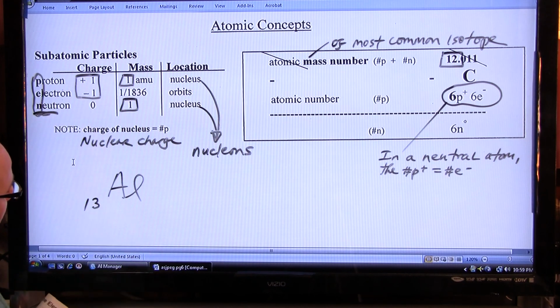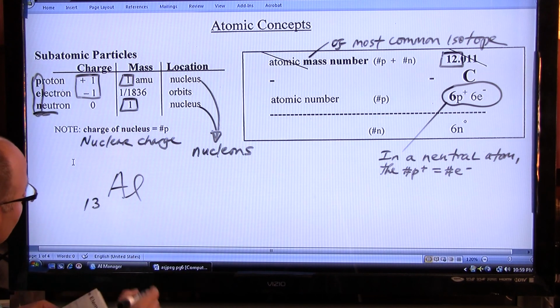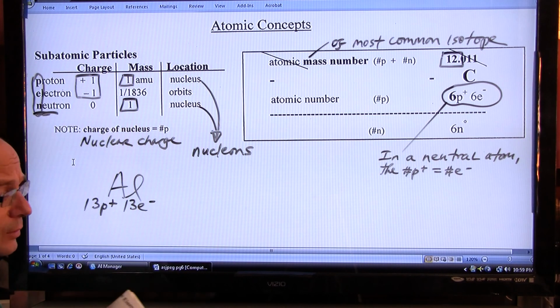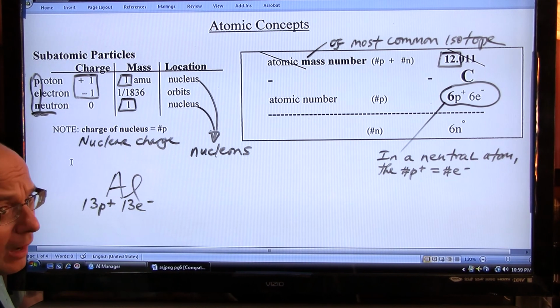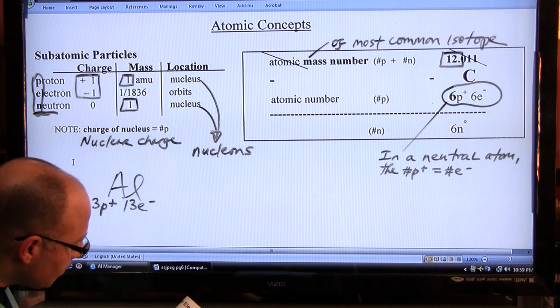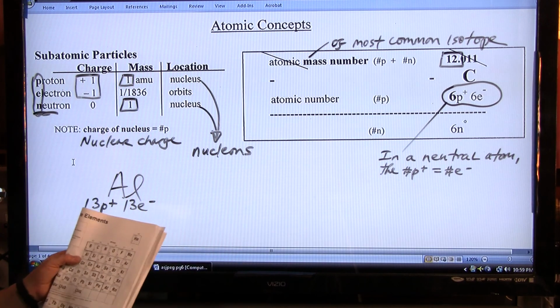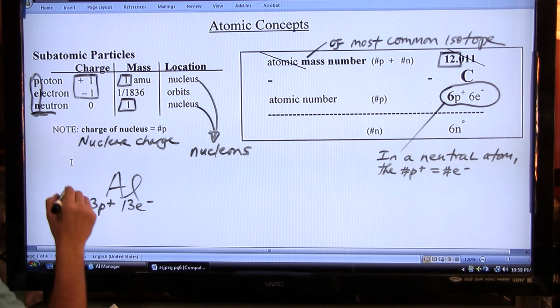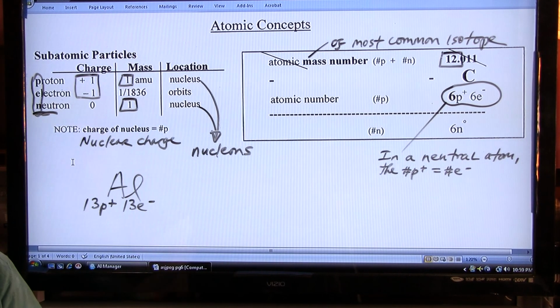So that 13 right away tells us, let's practice together, 13 protons, 13 electrons. It's a neutral atom. If it were a charged atom, an ion, then you'd have a charge up here, and we'll deal with that in a second. Then, its atomic mass is 26.98154. Let me just move this cursor here.